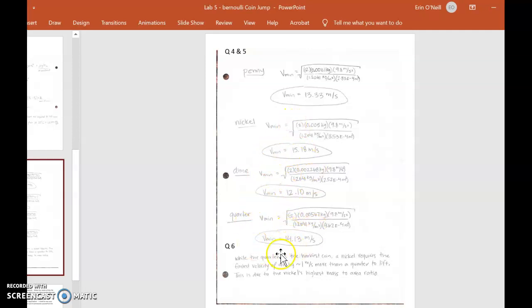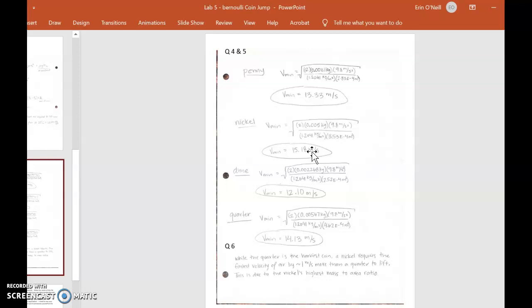And what I realized was, even though the quarter is heavier as a coin itself, the nickel takes more velocity of air to lift it, which is because the nickel has the highest mass to area ratio.